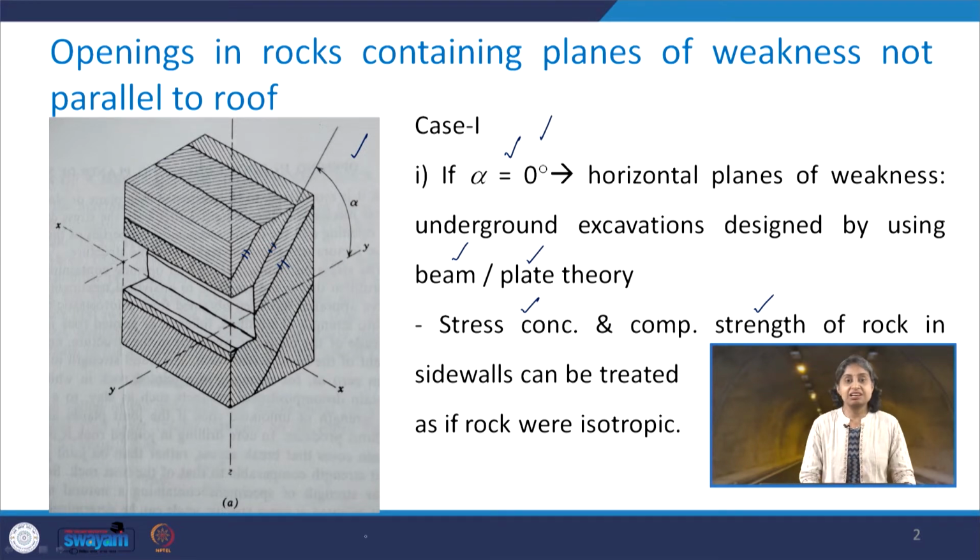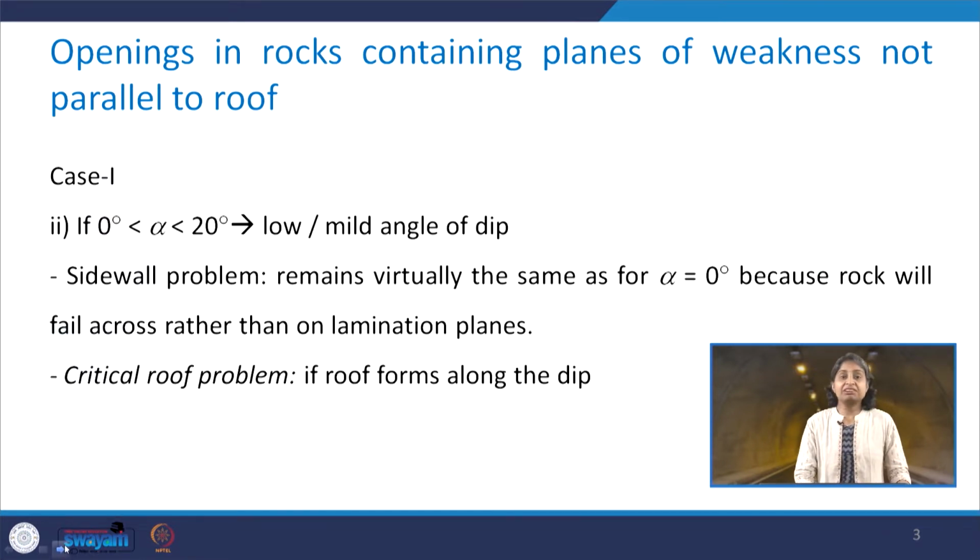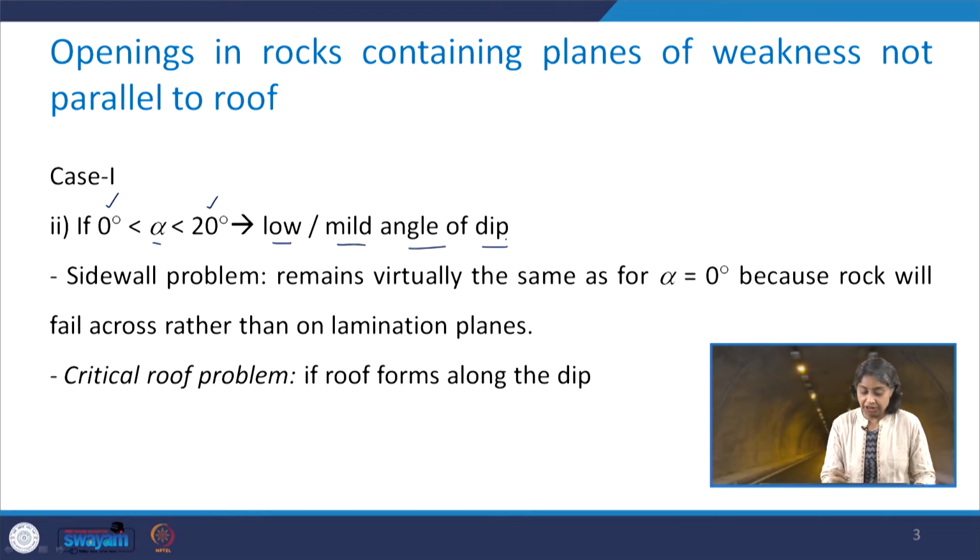So, this we discussed in the previous class, and I mentioned that there can be various ranges of alpha that we will be considering, and based upon that we will be deciding what the optimum support system will be. So, we take another case where this alpha varies between 0 degree to 20 degrees. This signifies the low or mild angle of dip.